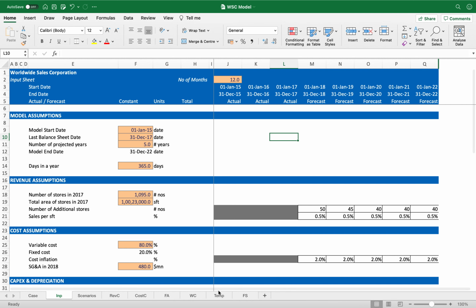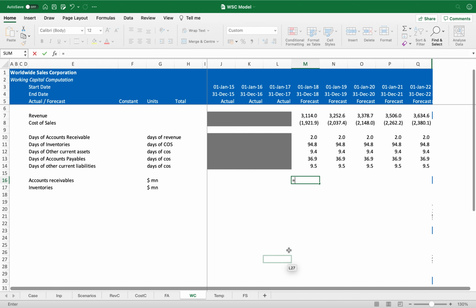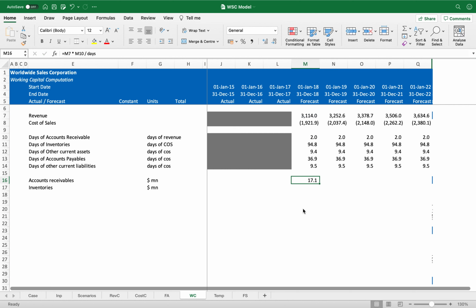Now, if you have understood this, come back to the working capital computations. And what did we say? While computing accounts receivables, revenue multiplied by 2 days divided by 365. Now instead of 365, I can simply write days and press enter.